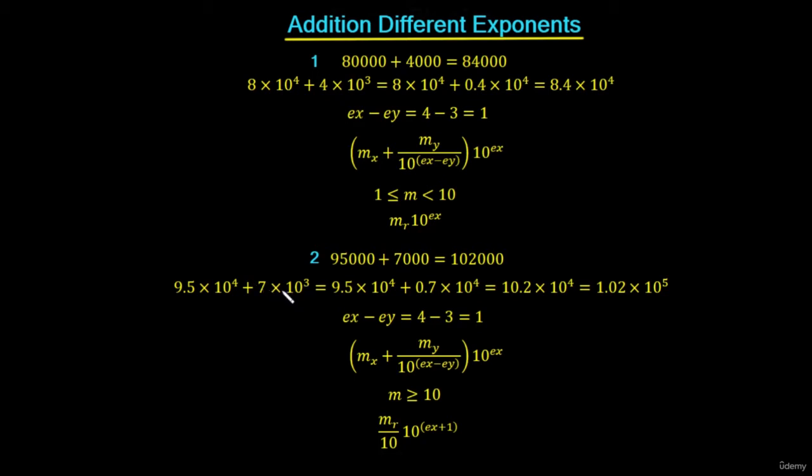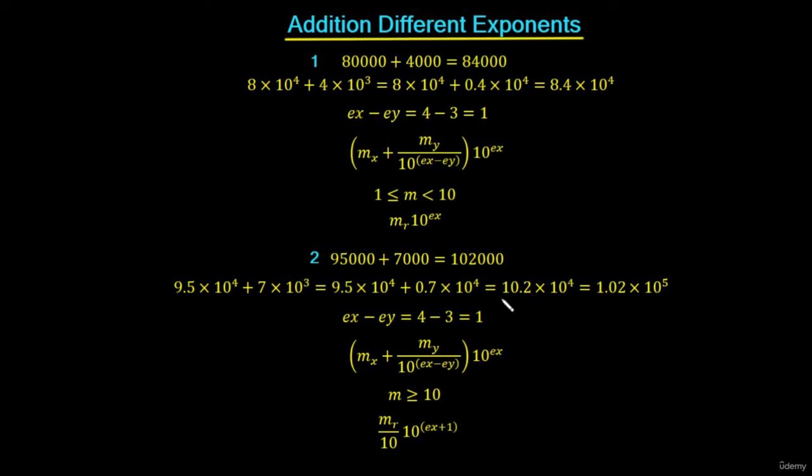So it means that this 7 times 10 to the 3 is going to become 10 to the 4, and the 7 will have to be a value of 0.7. So we're doing the same process as we did above. So whenever we add both of these together, we're going to have 10.2 times 10 to the 4.